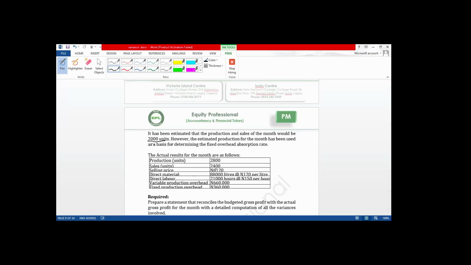Is that clear, please? Yes, sir. That means there's a closing stock of unsold stock. Now, please note, your closing stock will be valued at standard cost per unit.